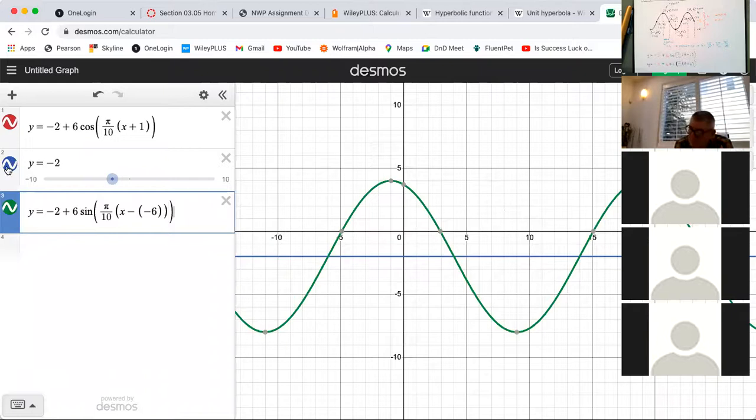Notice that the green graph is just sitting right on top of the red graph. So they're all in the same spot.